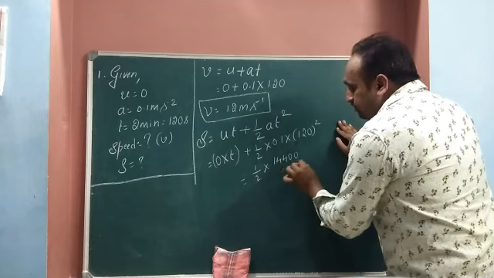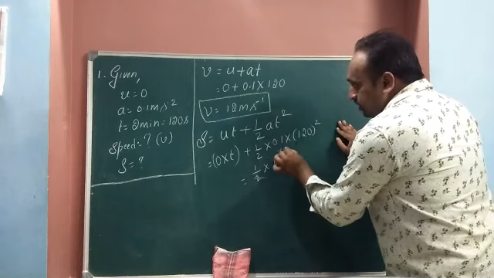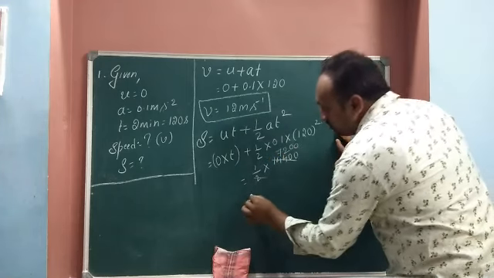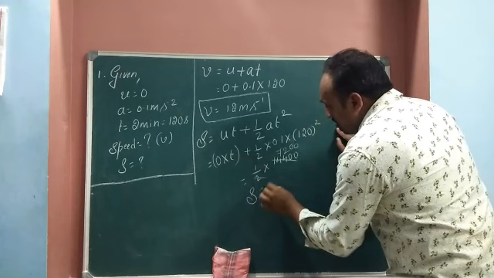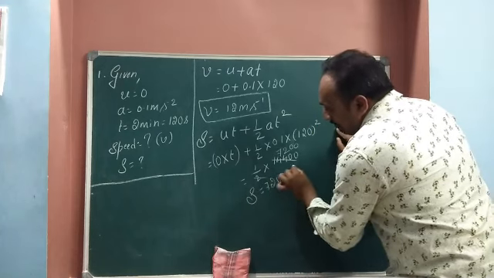So divide, 2 sevens are 14, 2 twos are 4, 00. So the value of s will be equal to 7200 meter.